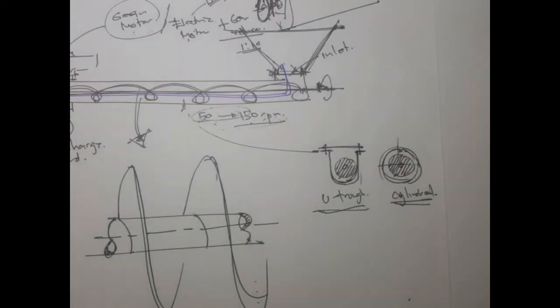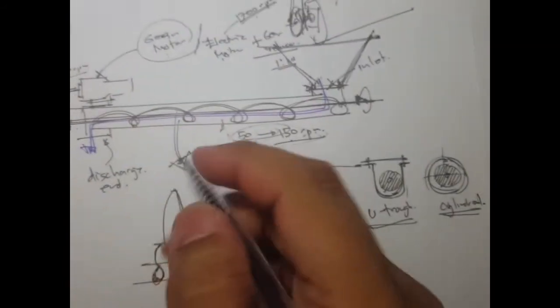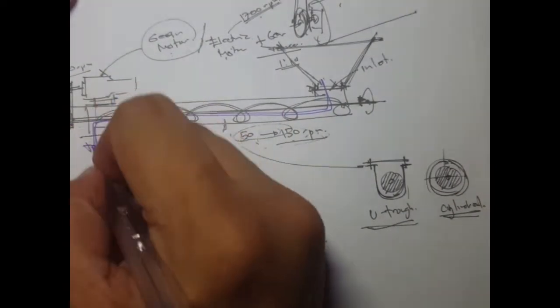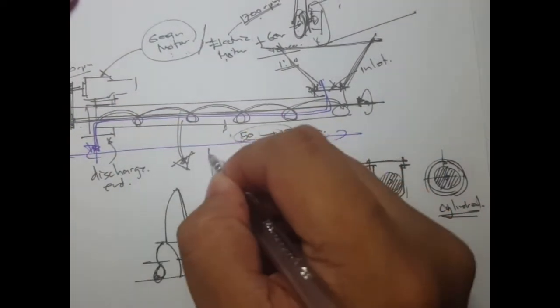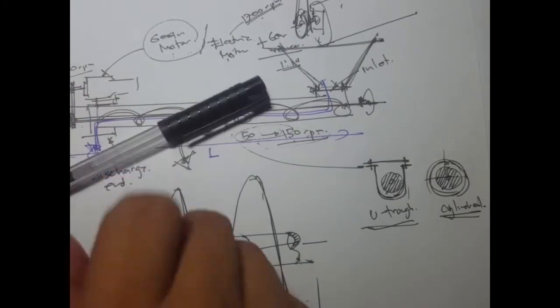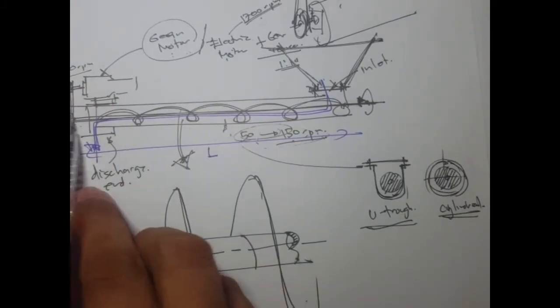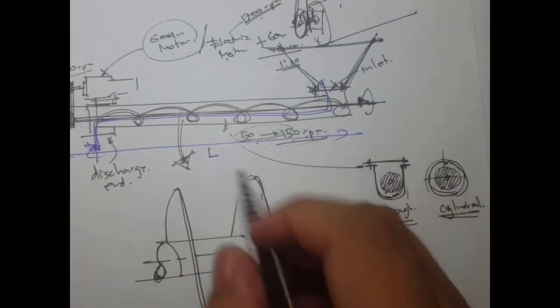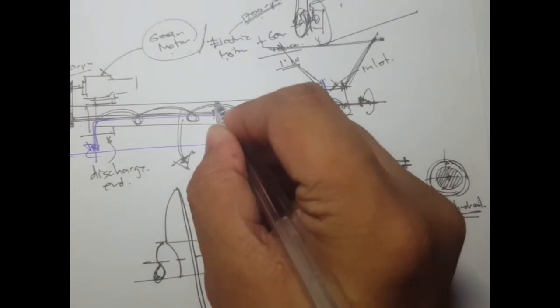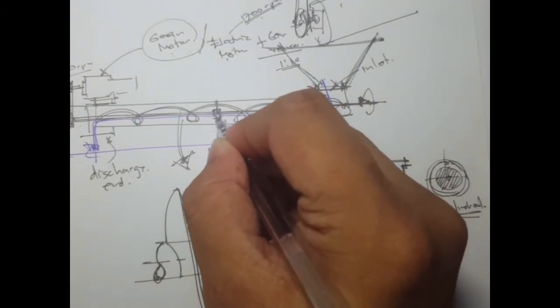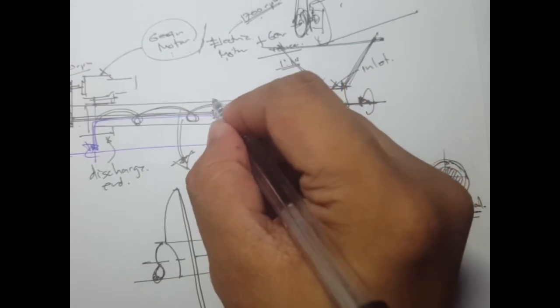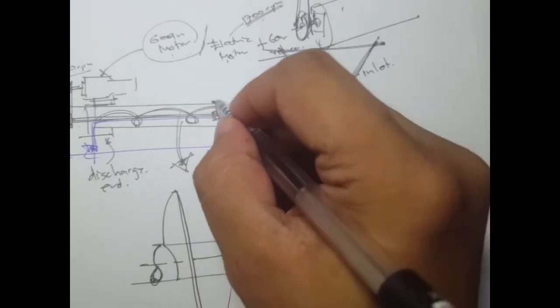Now, for longer lengths, imagine that we have a length that's long enough, then of course the deflection of the shaft would be significant, and hence there's going to be some kind of support called a hanger bearing.